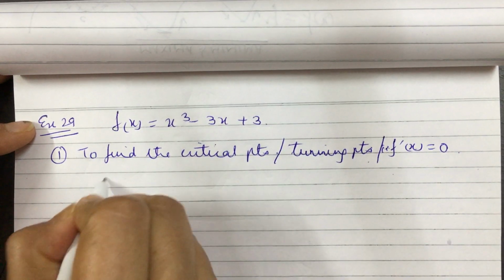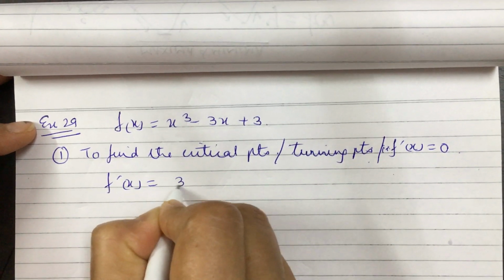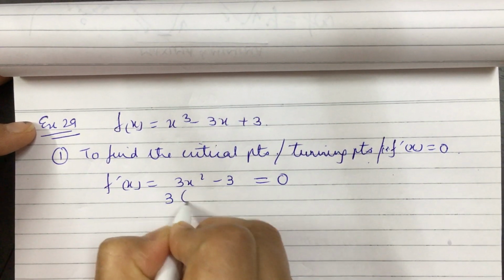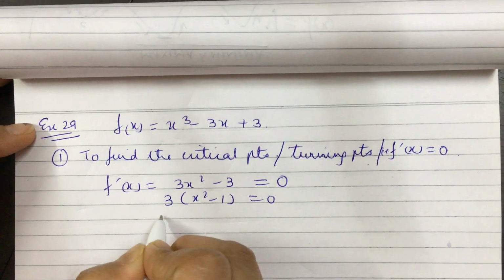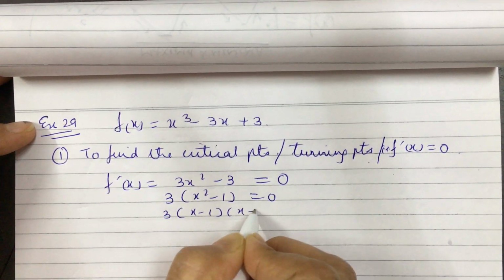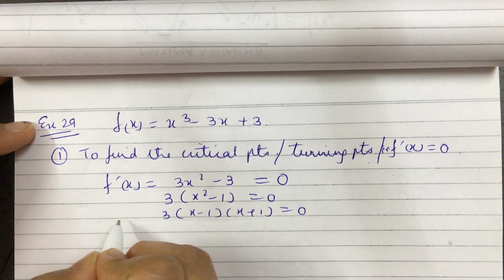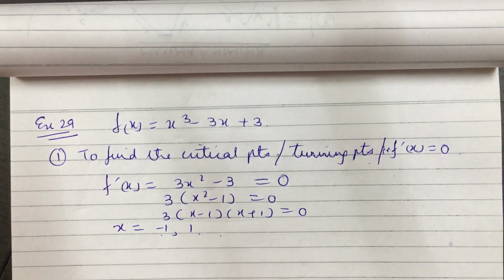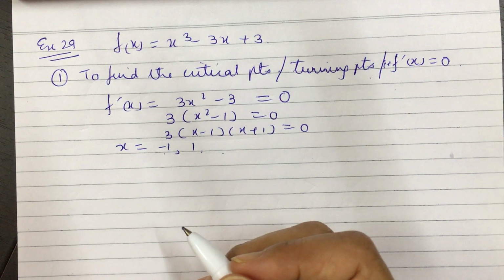This we have to find. So, first of all we find f dash x equal to 3x square minus 3 equated to 0. You solve it as x squared minus 1 equal to 0, (x minus 1)(x plus 1) equal to 0, and so we get two critical points which are x equal to minus 1 and x equal to plus 1.